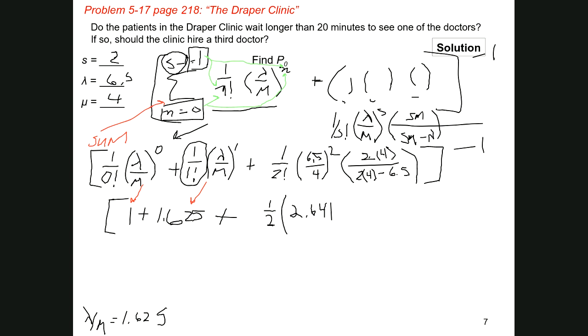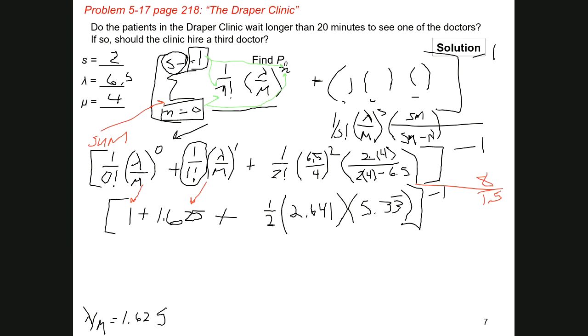And then this term, which is 8 over 8 minus 6.5, which is 8 divided by 1.5, is 5.33 repeating. And then we're going to take the inverse of all of this.